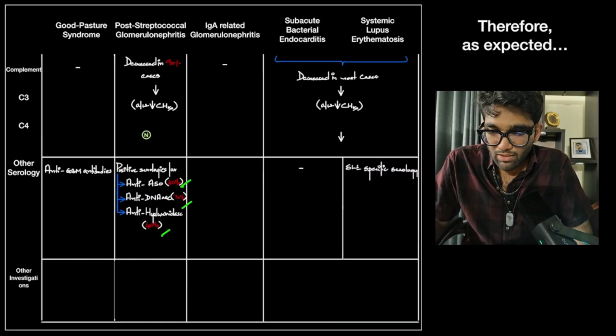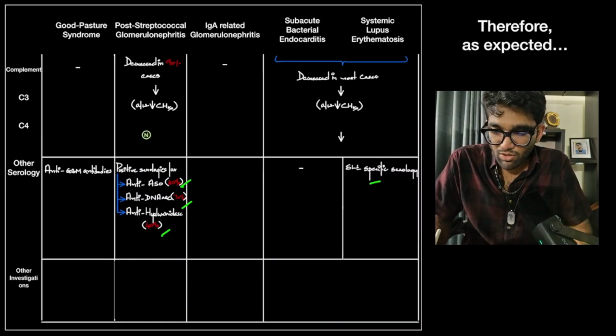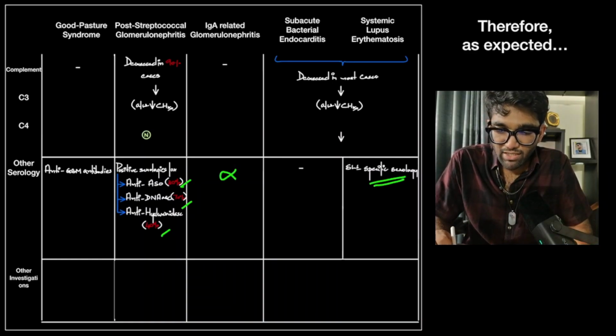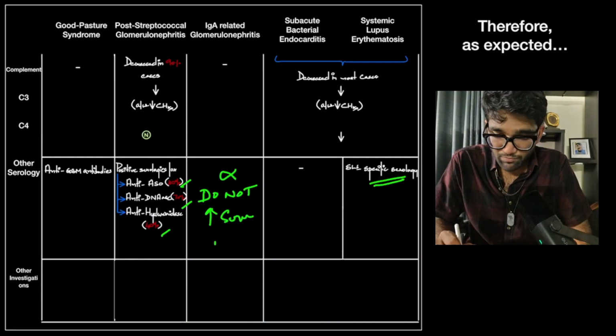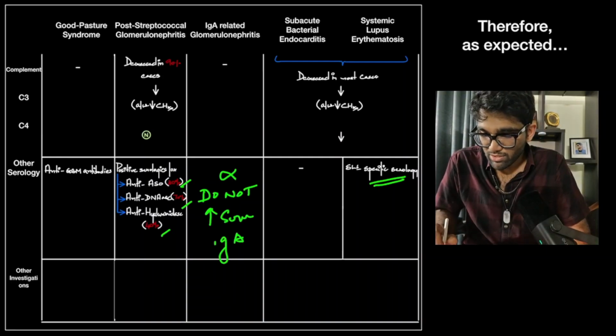Now, in SLE, you get SLE-specific serology, and importantly, in IgA nephropathy, we do not measure serum levels. Okay, so do not expect an increase in serum IgA. That is a very important thing to understand. We'll see that in detail subsequently.